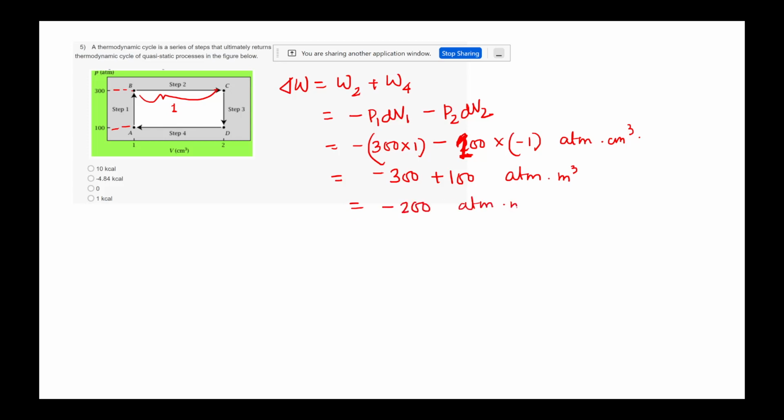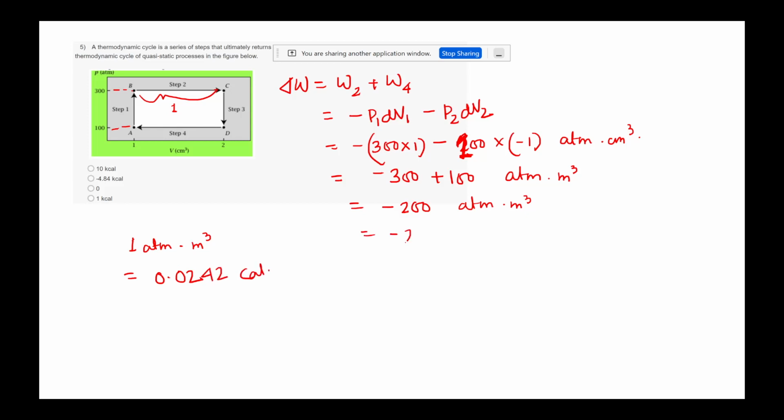Now 1 atm centimeter cube is equal to 0.0242 calorie.